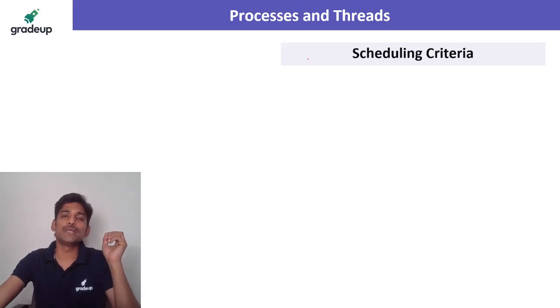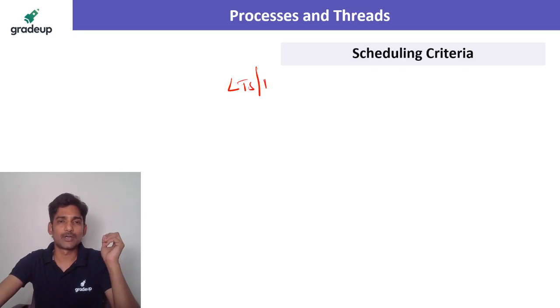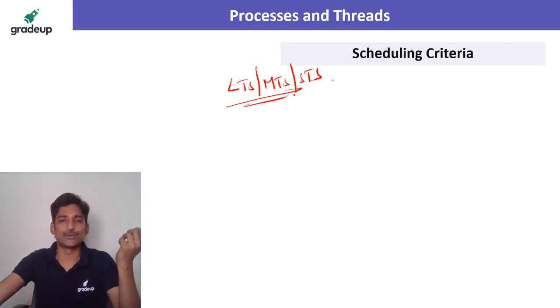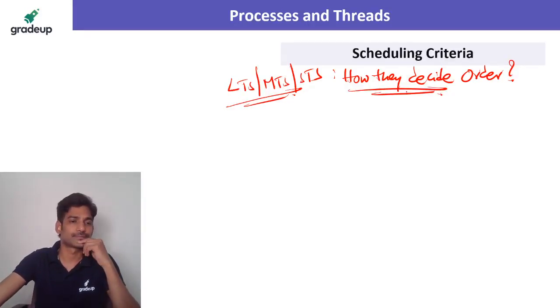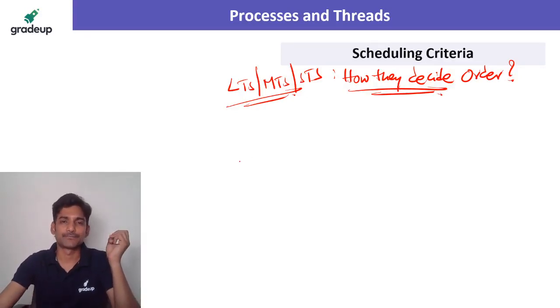Now, scheduling criteria. Whether you take the long-term scheduler, medium-term scheduler or short-term scheduler, how do they schedule? How do they decide that this is first, this is next? How do they decide the order? So what is the criteria they follow? Let's see.